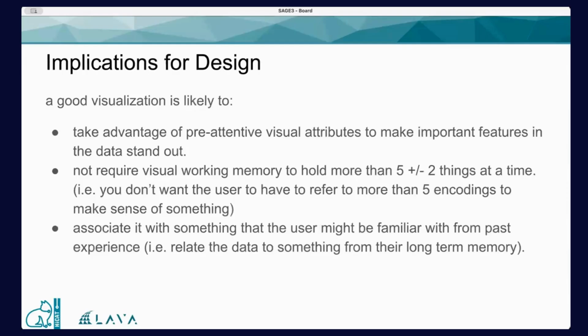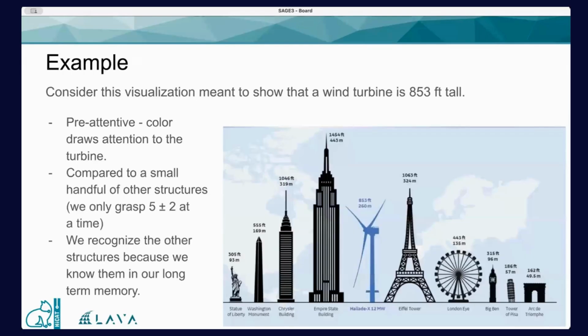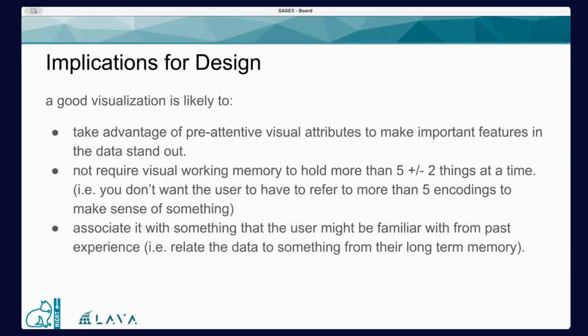So here's an example. Let's do the example, then we'll look at it. The implication for design is to take advantage of pre-attentive visual attributes, to try not to overload our visual working memory, and to associate things with other things in the world that the user might be familiar with.